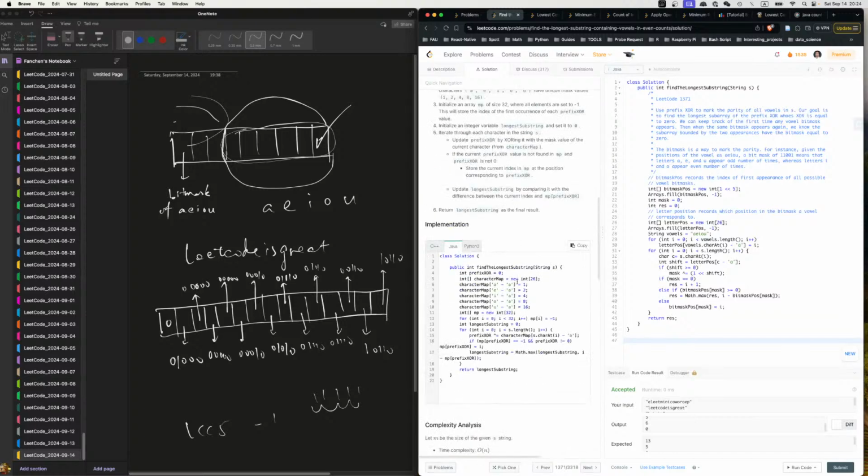Why is it so easy? They have 32. Oh yeah, they just do this one by one. Character map. Oh, I see what they're trying to do.